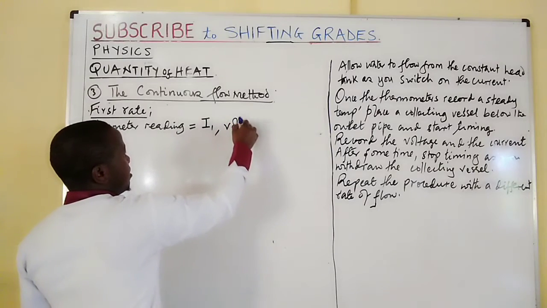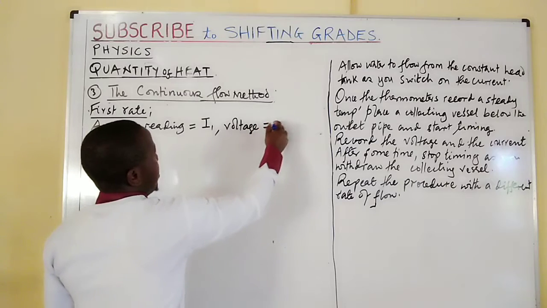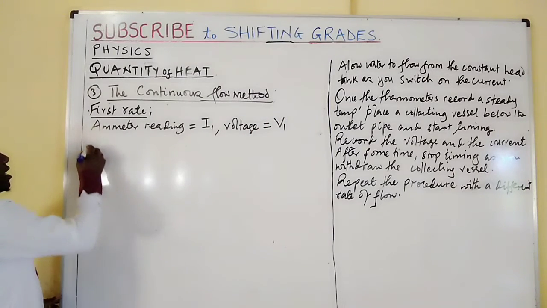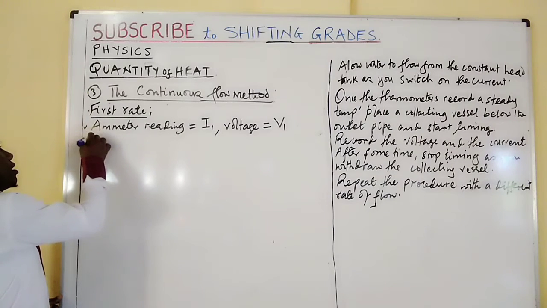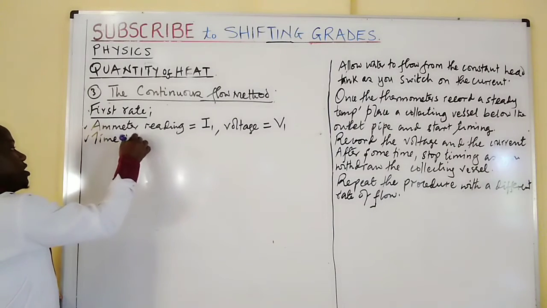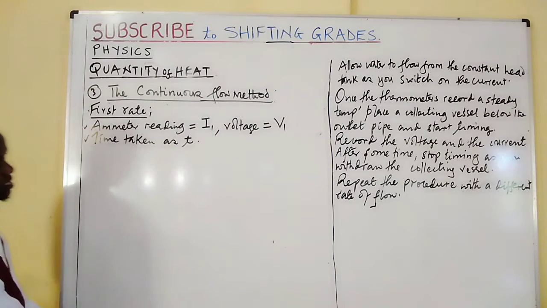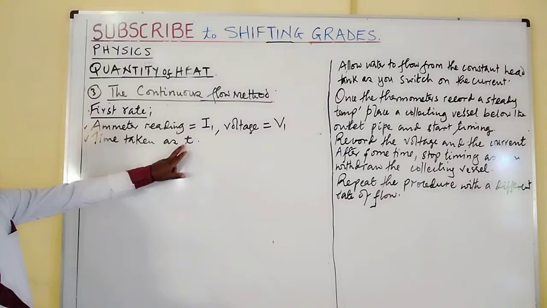Then the voltmeter reading, or the voltage, is V1. Then the time taken, you can have it as T.